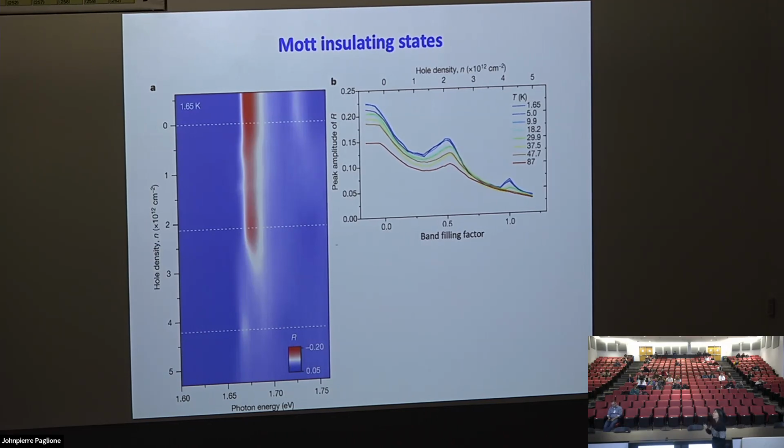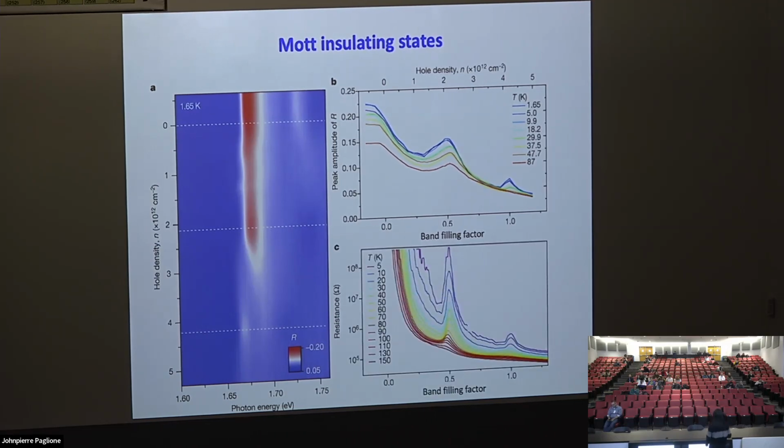But if I correlate this with transport measurement, you will see it. So at half band filling, which is 1 particle per Moire unit cell, because there's 1 state for spin up and spin down, you need 2 particles to fill the band. So 2 particles or full band filling is right here.